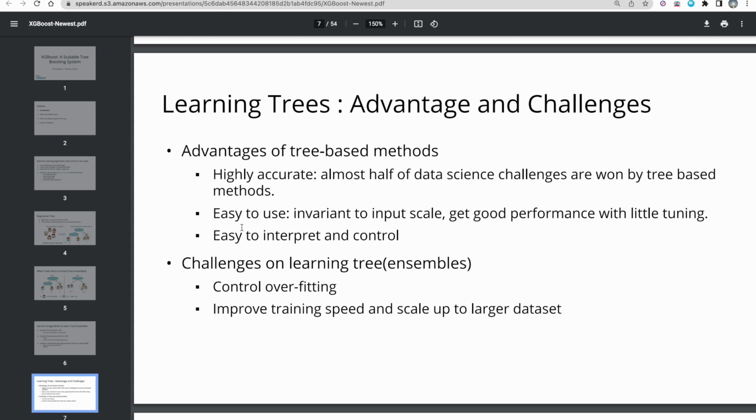It is also easy to use; everybody can learn that. Challenges: if you let it grow fully, it has a tendency to overfit, and training speed is also challenging, especially for large or big data sets.